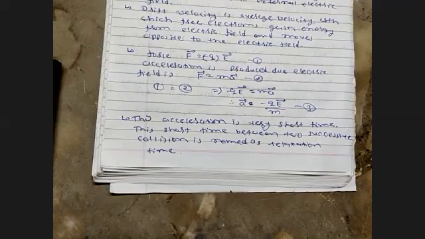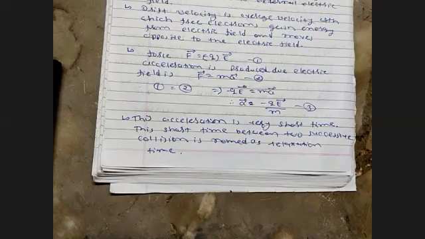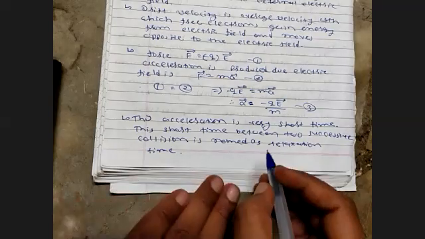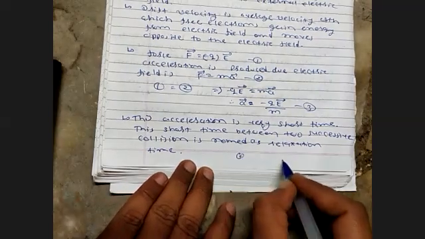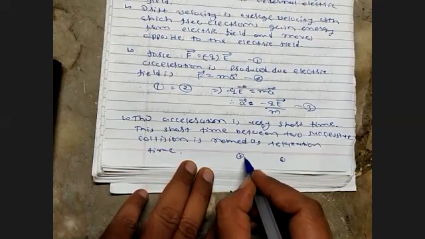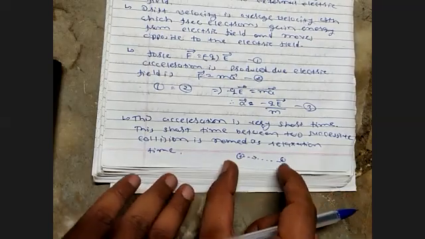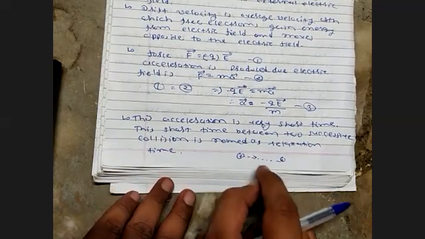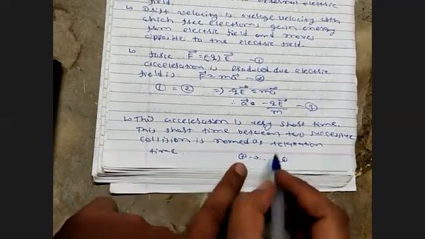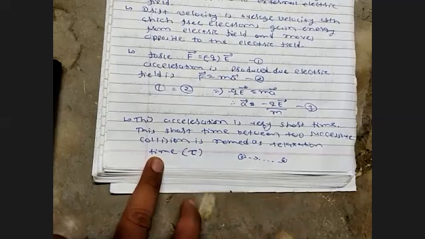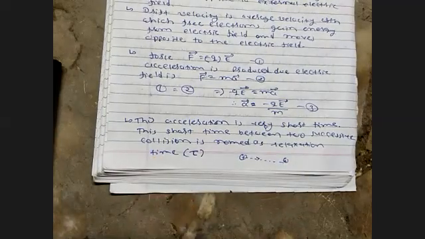What is that relaxation time? It means that between these two collisions, the electron is totally in relaxed mode. Suppose that is a positive charge, the electron collides and moves from here to here. In between these two, the electron is completely relaxed. Therefore, this time is named as relaxation time, and it is denoted by tau.